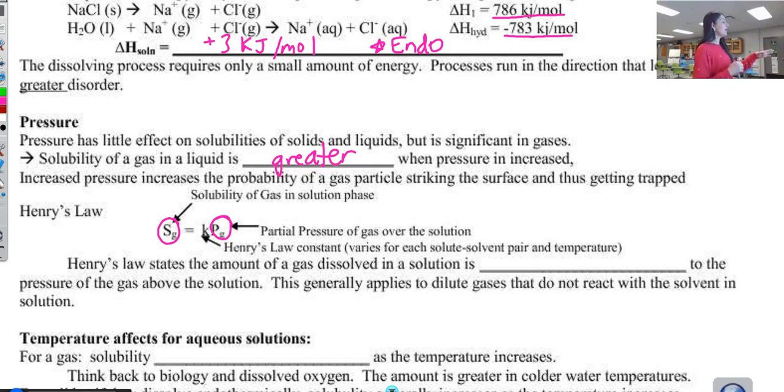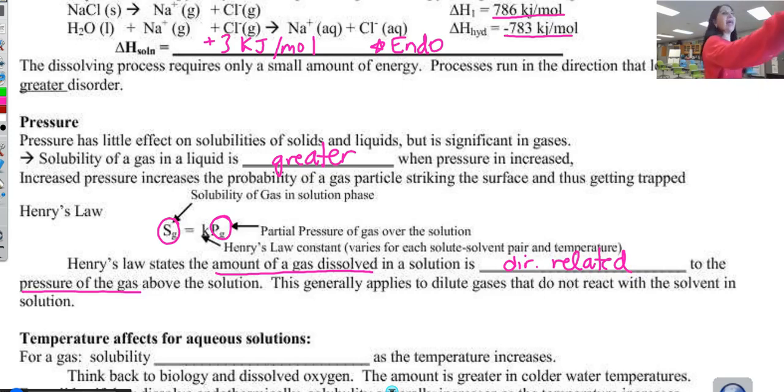And so what his law just states is that the amount of gas dissolved in a solution is directly related, or proportional, to the pressure of the gas. So how much gas you have dissolved is proportional to the pressure of gas. In other words, you increase your pressure, you increase your amount of gas dissolved. Okay, so we're going to say directly related or directly proportional to the pressure of the gas.